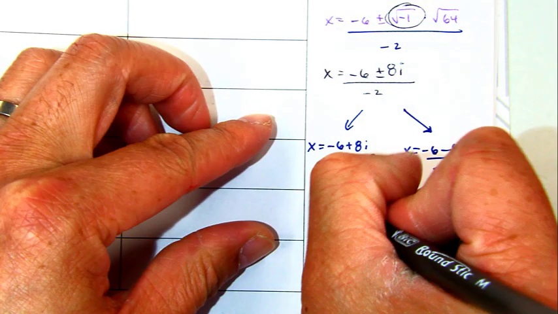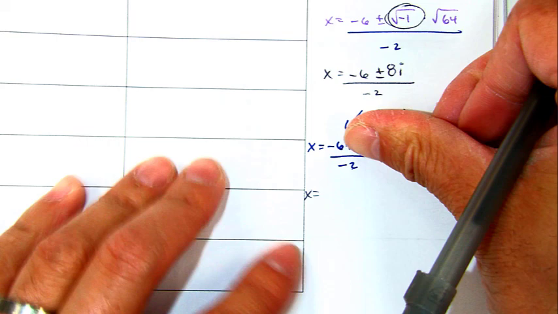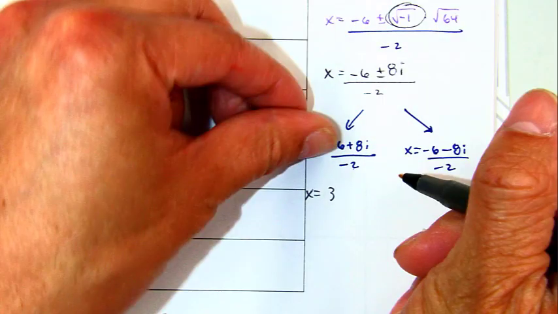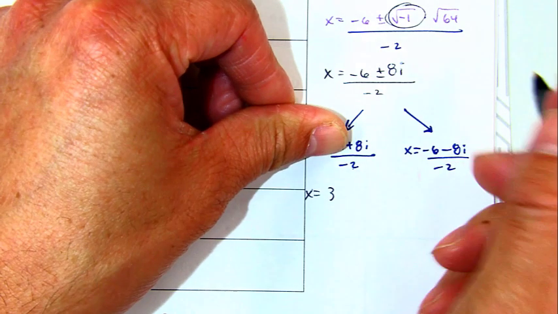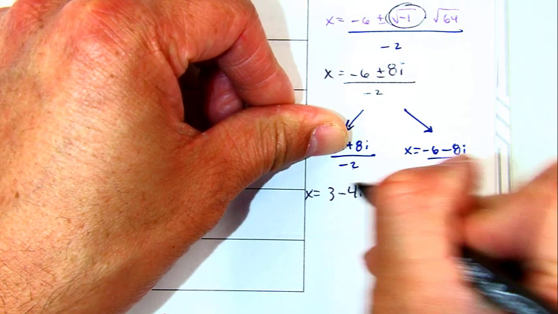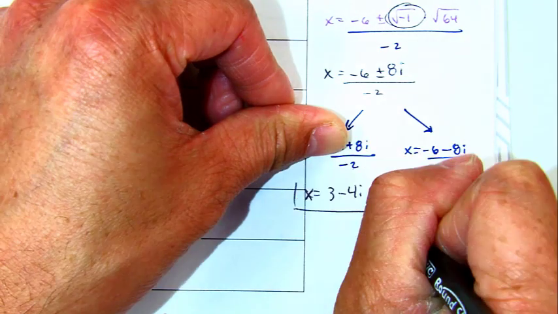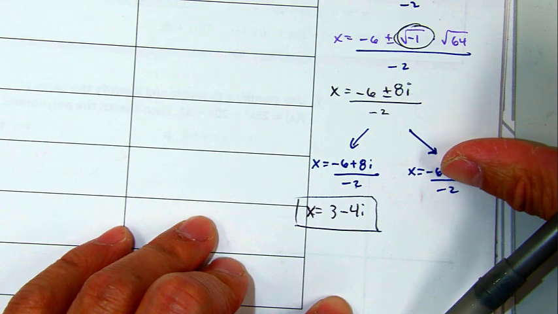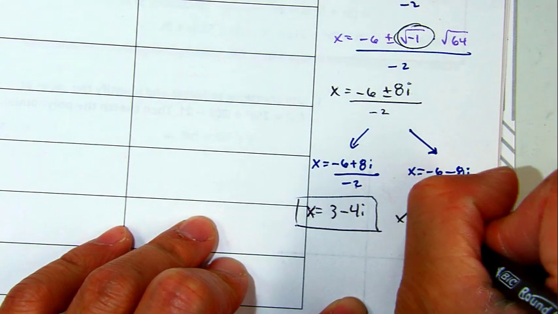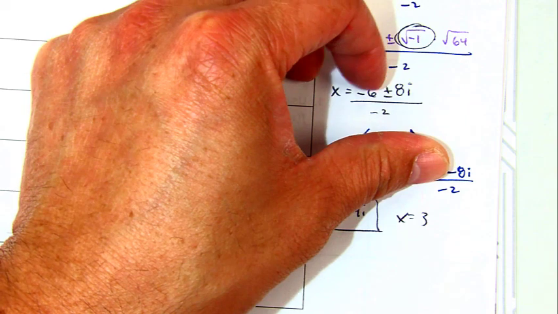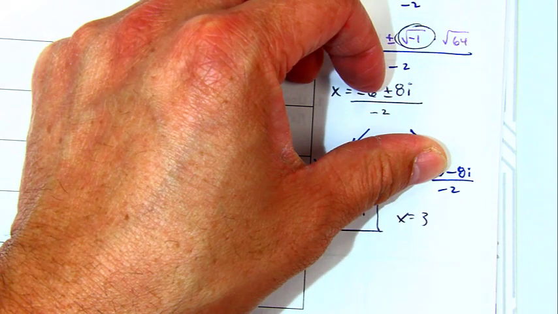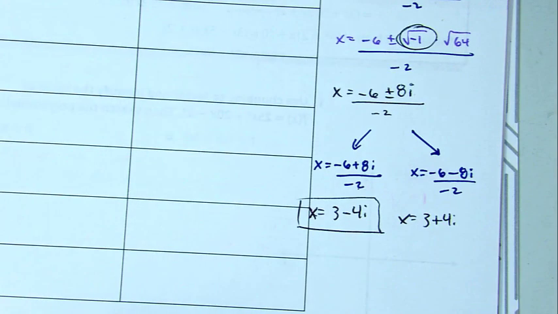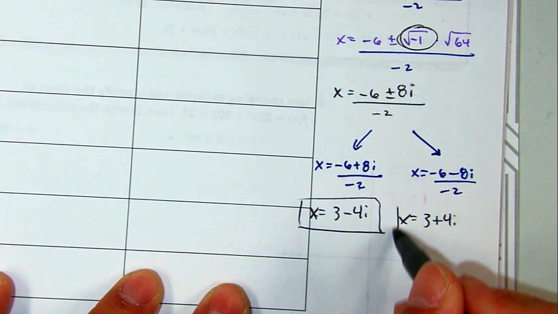So you're going to have negative 6 divided by negative 2, and 8 divided by negative 2. So that gives you negative 4i. And then over here, 3 plus 4i. Does that help? So now we're almost there.